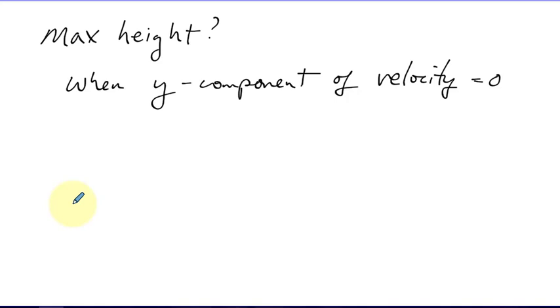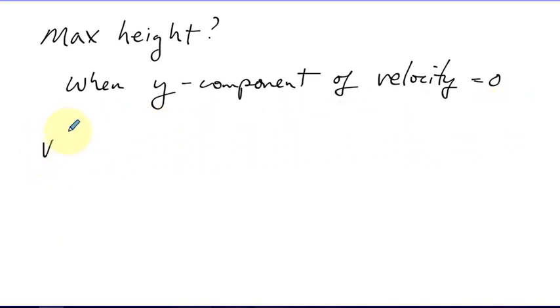You notice, by the way, that the velocity is never 0. It always has a horizontal component of velocity. It continues moving horizontally, but there's an instant when it reaches its maximum height when the vertical component of velocity is 0.